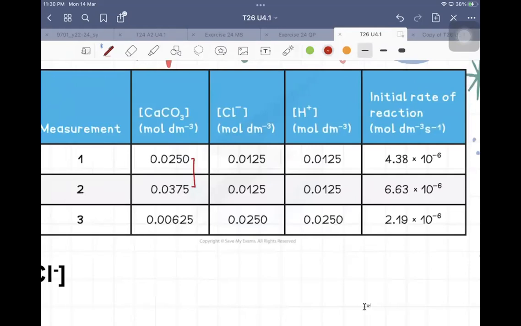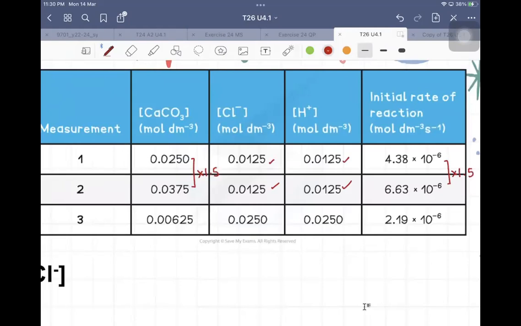Is it correct? That is times 1.5. This is not changing, and I need to know how much my rate has increased. 6.63 divided by 4.38. That is also increased by 1.5.